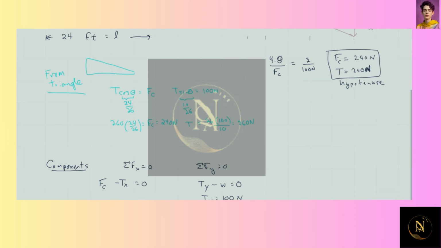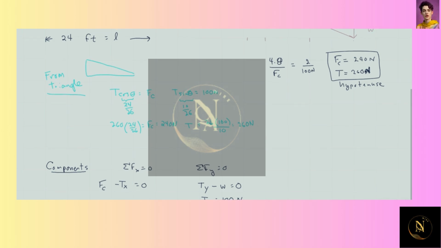And tx, of course, is going to be found from ty. So we could do some more trigonometry, but we know that ty over tx is equal to the tangent of the angle, and that's the same as 10/24.